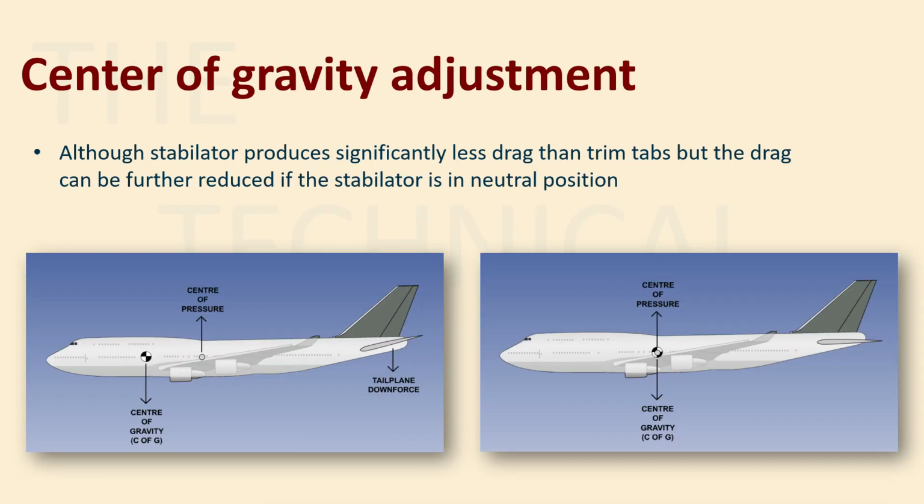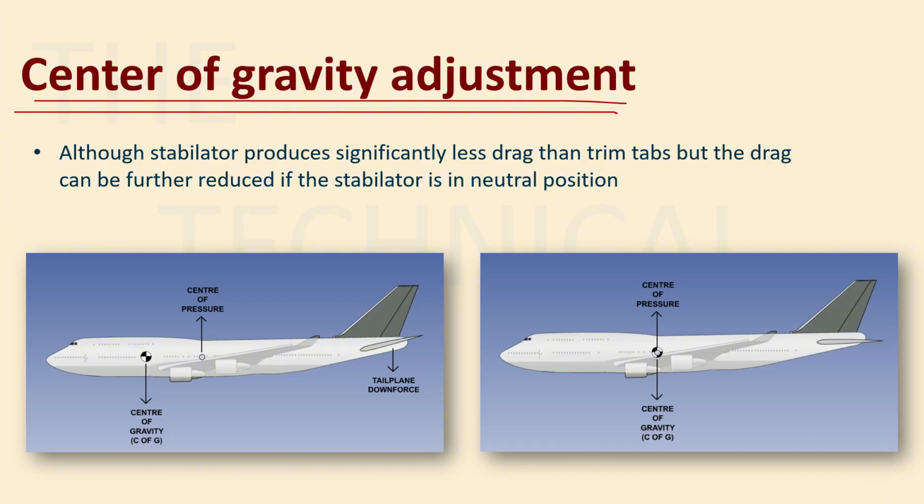Then we have the center of gravity adjustment. So this is another method for trimming. So center of gravity adjustment is done because, see, your stabulator or your all moving tail is very effective, right? As compared to your trim tabs, your stabulator or all moving tail is very effective, because it does not produce additional drag, first of all, and it does not decrease your control effectiveness, right?